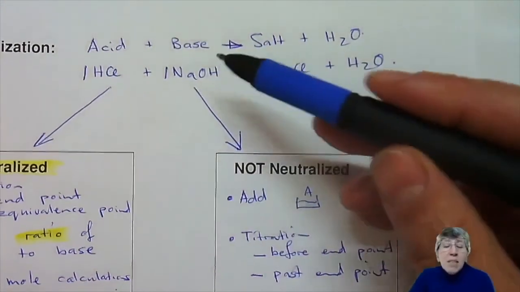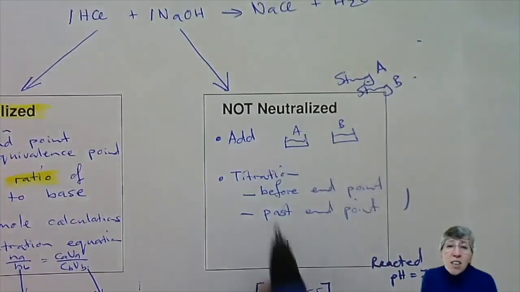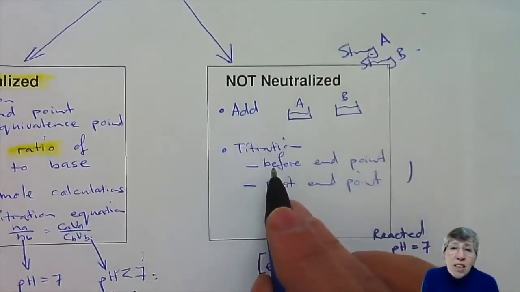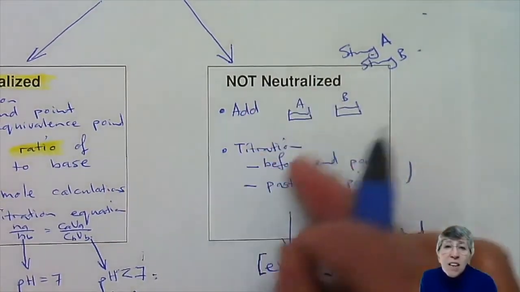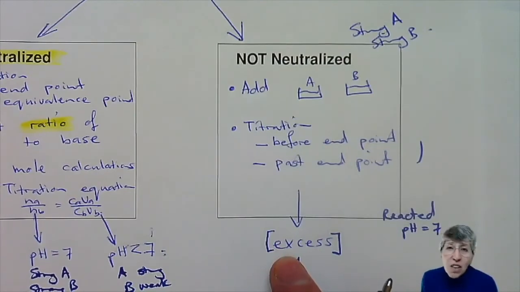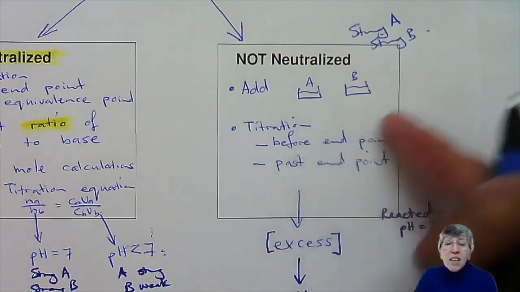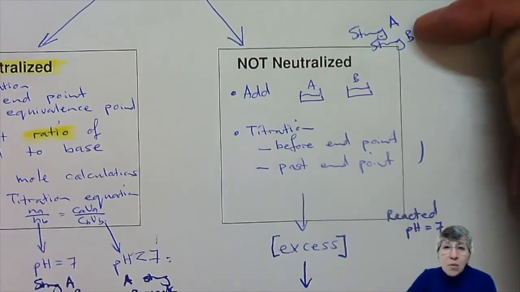Right, now sometimes it's not neutralized, when they just add things, or you are not yet at the end point, or you've passed the end point. Then there is something that is in excess. They're not in the right ratio. And this, they will always only ask for strong acids and bases, right?